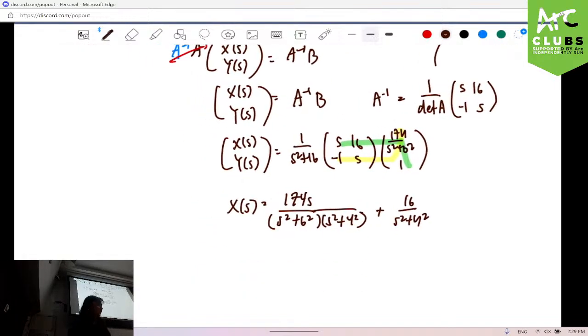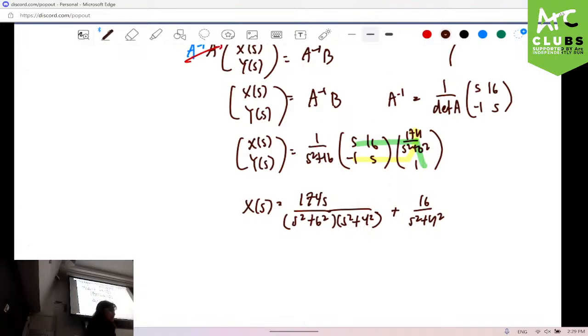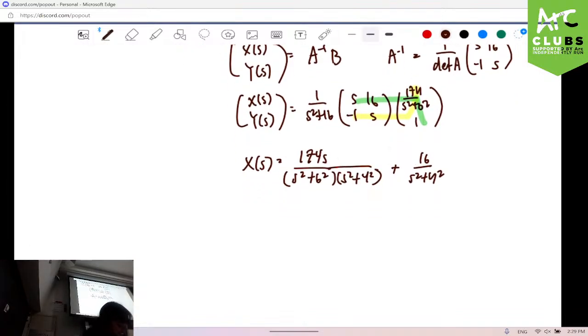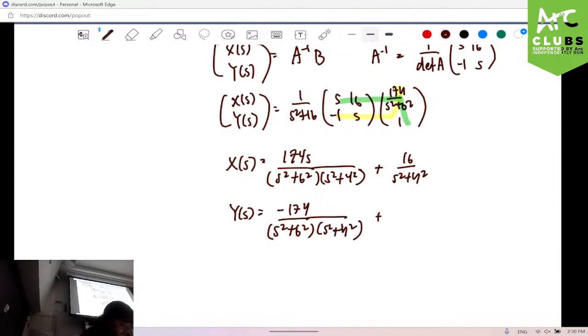I'm not going to write this out in Maple form because, you know what, should I? Nah. Okay, and then Y(s) is just minus 174 over s squared plus 6 squared, plus s over s squared plus 4 squared.